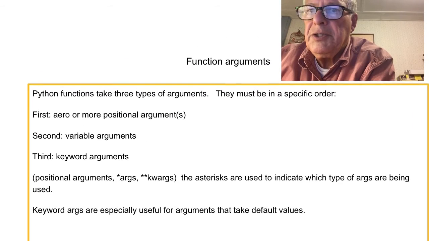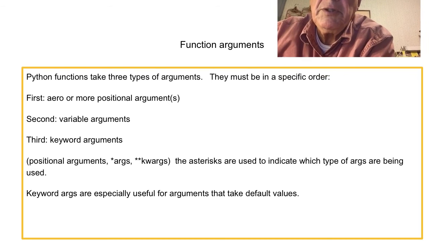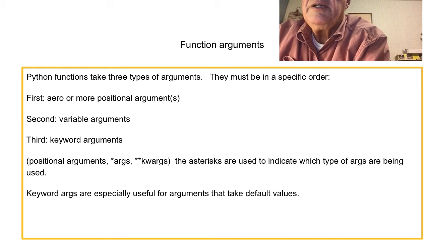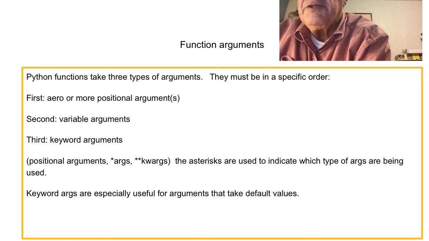The other thought is just to talk a little bit about function arguments. Up to now, everything you've seen are functions that take required positional arguments. And that means that you have to match the number of values you provide a function when you call it to the number of arguments that were included in the function definition.